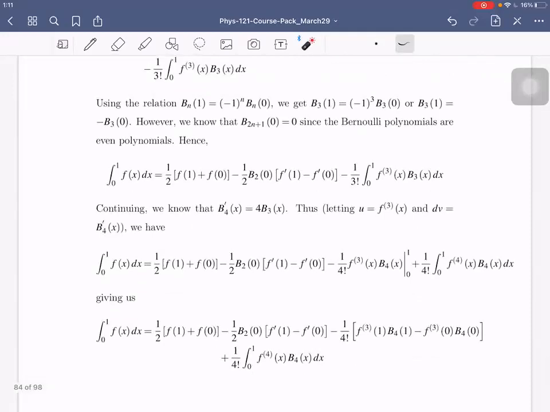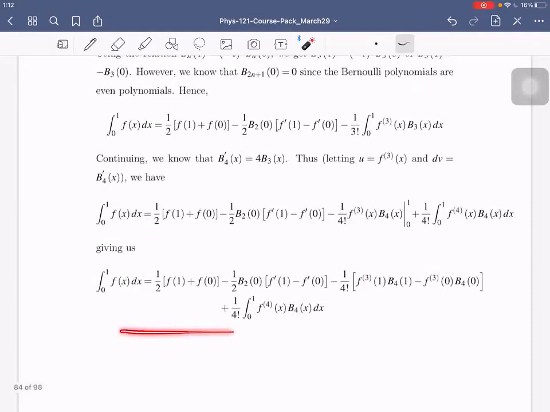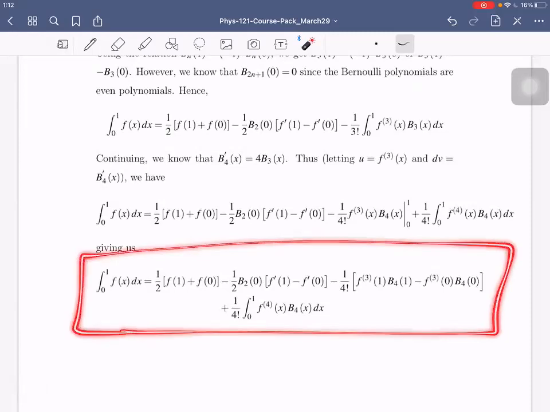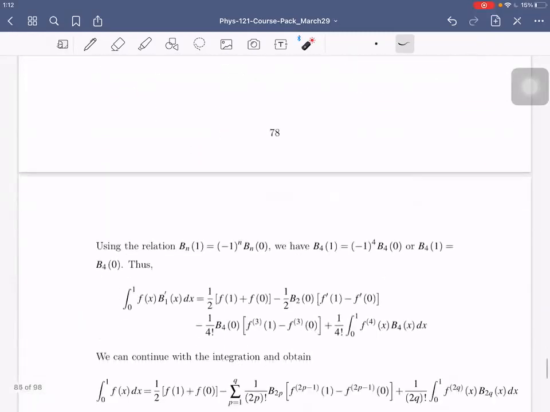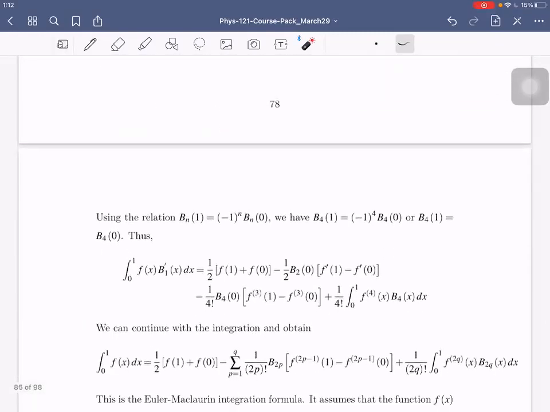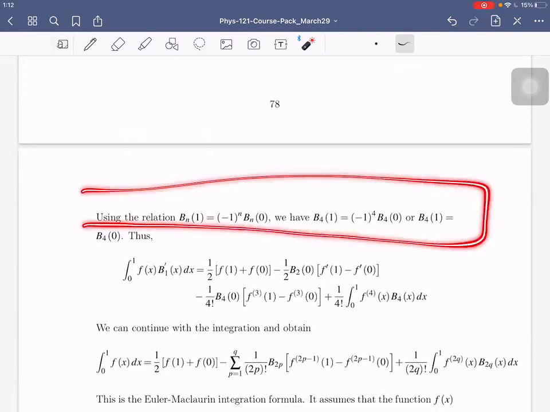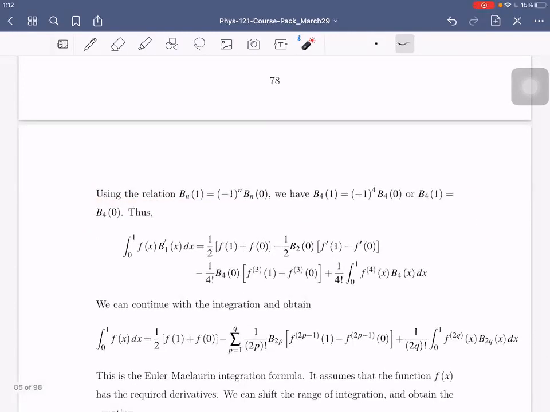For example, kapag nakuha mo na to, no, you have to let again, u is third derivative of f of x and dv is b sub 4 prime of x. So, may ganyan. Okay? Medyo mahaba, no? So, isa-isahin nyo lang, guys. And then use this relation again. We can simplify further, no?